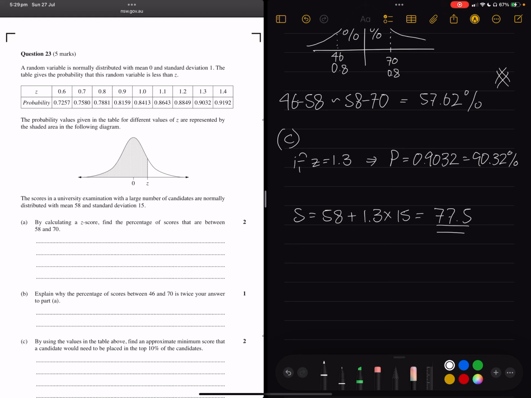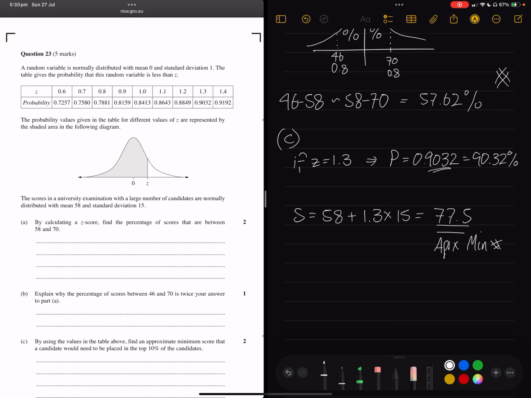It's probably a little bit lower than that because this value, 90.32, was slightly higher. But a good approximate minimum is the 77.5 we just calculated. And that's going to be the solution that we have to this question.